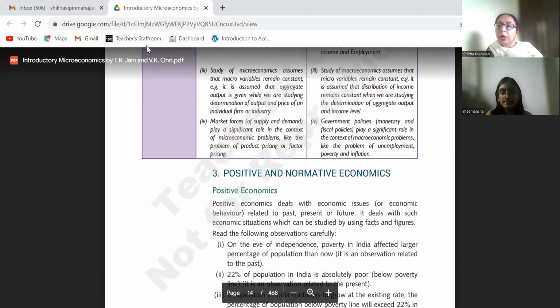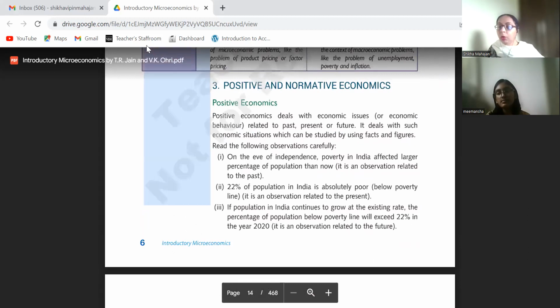So these are the market forces. Basically, in this class 11, we are going to talk about supply and demand in detail, right? Macroeconomics is later. But you need to know what macroeconomics actually is and what it deals with, okay? Positive and normative economics.